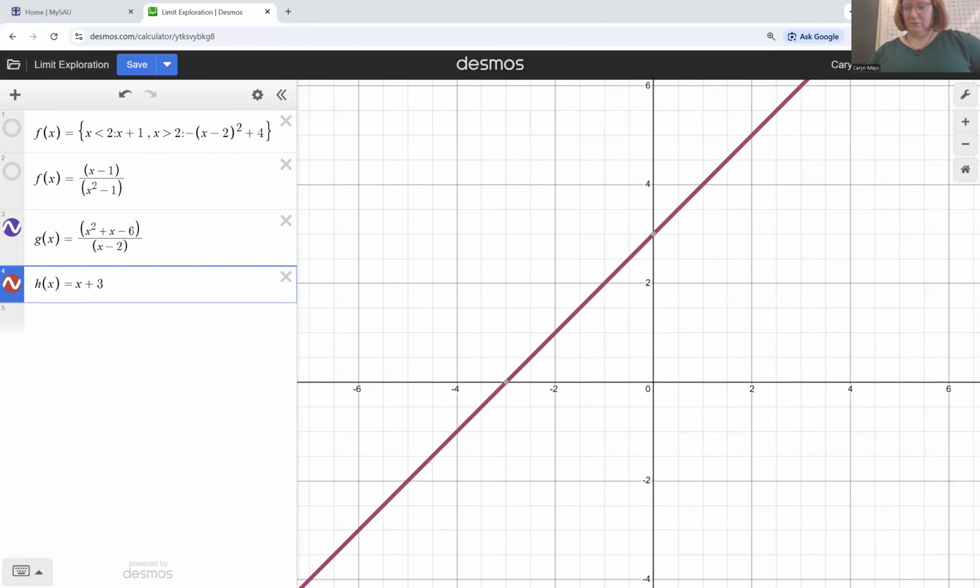So then similarly, what does the graph of sine look like? Like this. Here's sine. Cosine looks like what?